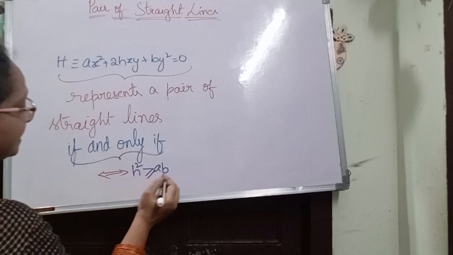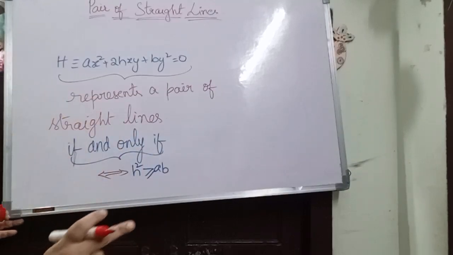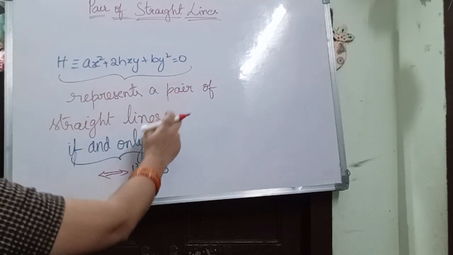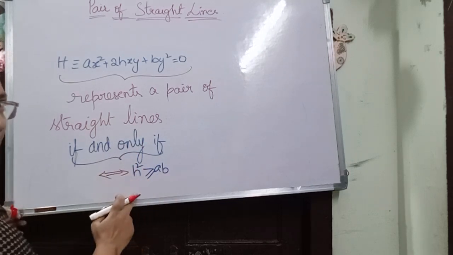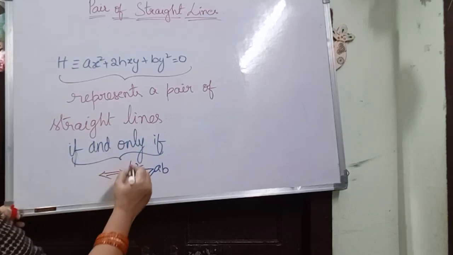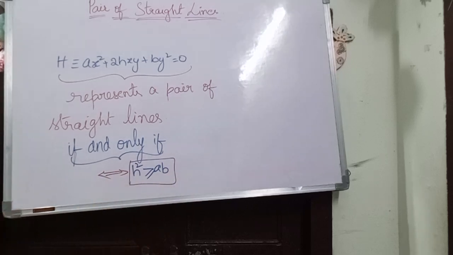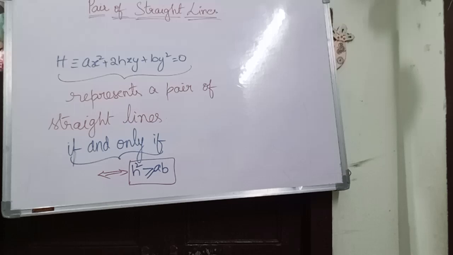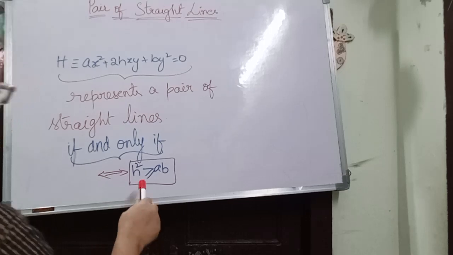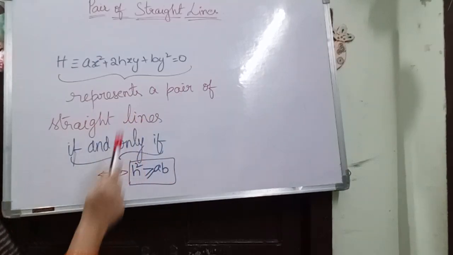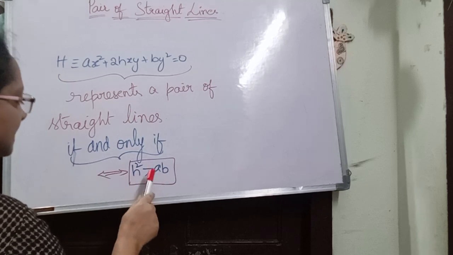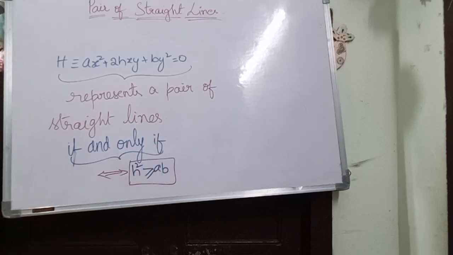If this equation represents a pair of straight lines, then this must happen. This is the specific condition for whether a particular equation represents a pair of straight lines or not. This must be satisfied by the pair of linear equations.